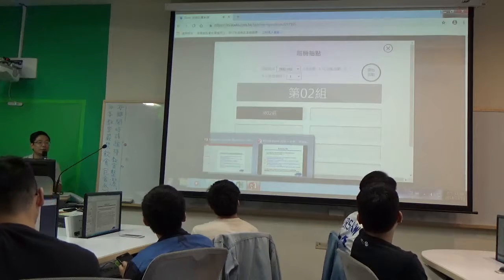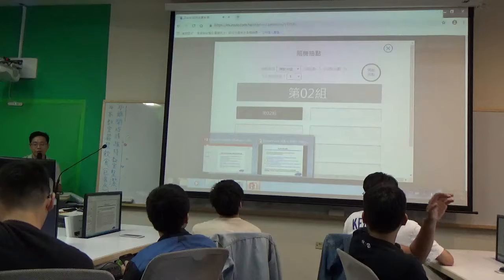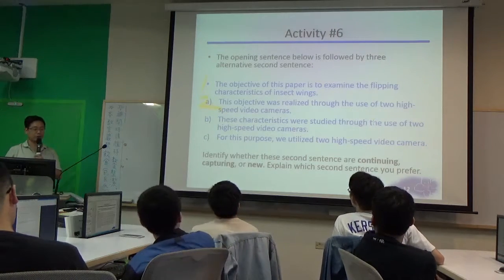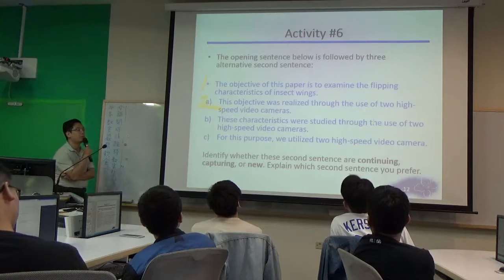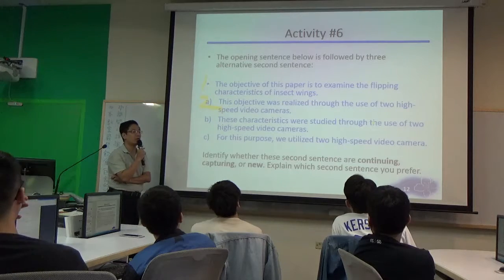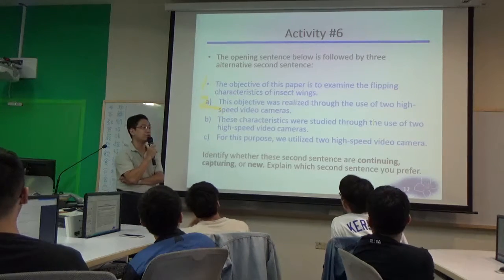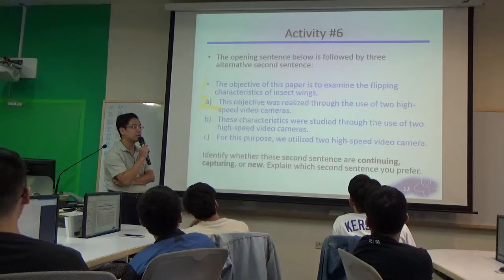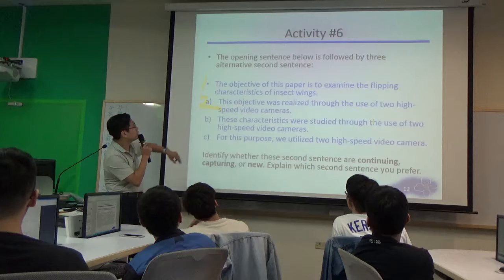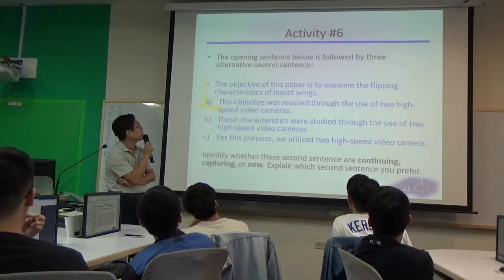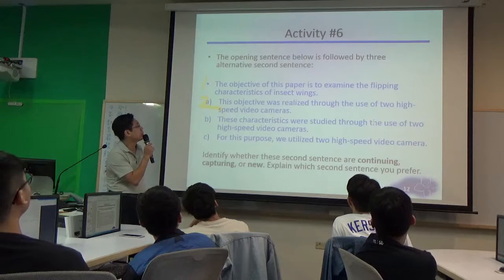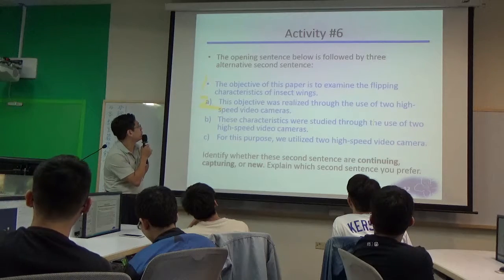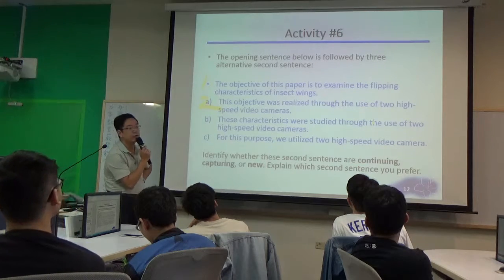Number 2. Where is number 2? So this one, 1 and 2 is what kind of subject? Continuous or capturing or a new subject? What kind of link between sentence 1 and sentence 2? The objective of this paper is to examine the flipping character of insect wing.